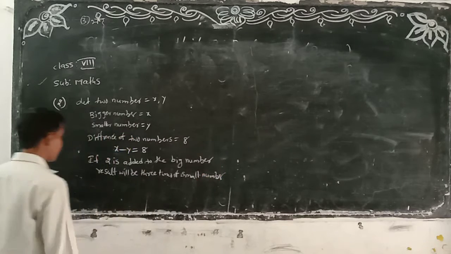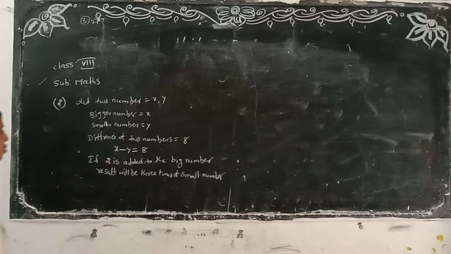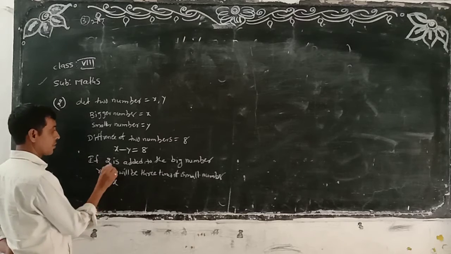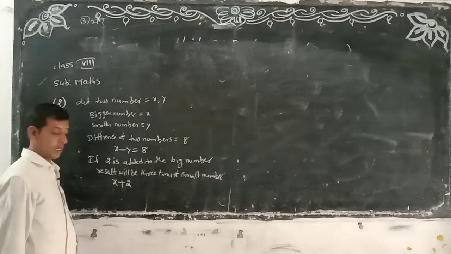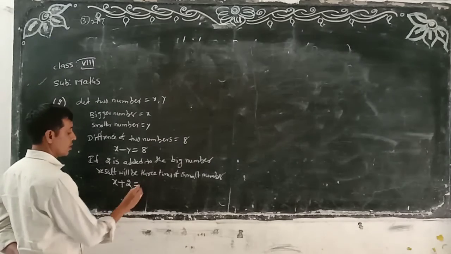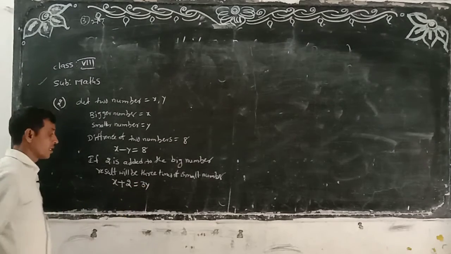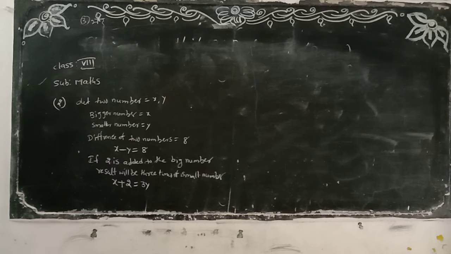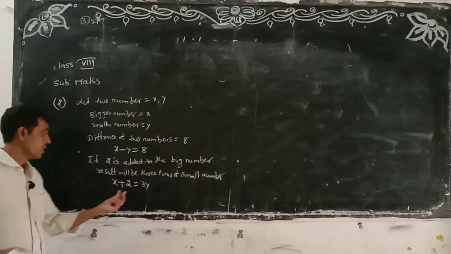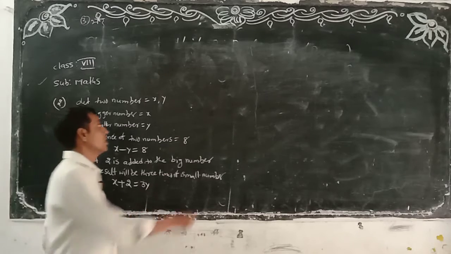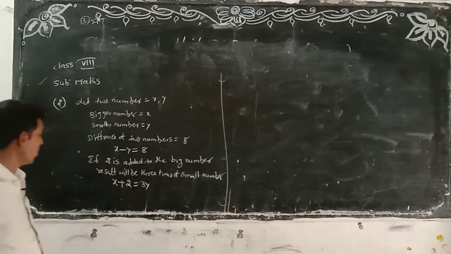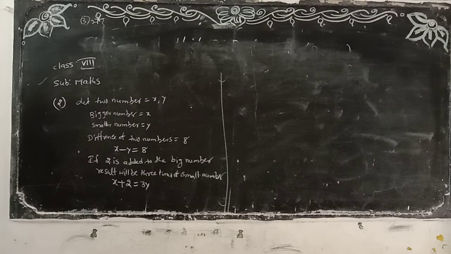What is the meaning here? If 2 is added to the big number means x plus 2. Okay? X plus 2 is equal to, the result will be 3 times the small number, that means 3y. Small number means y.